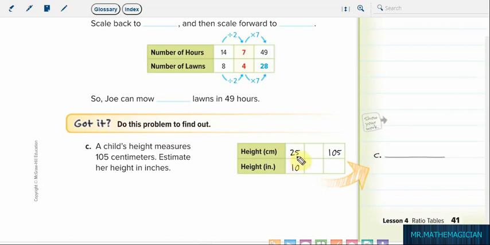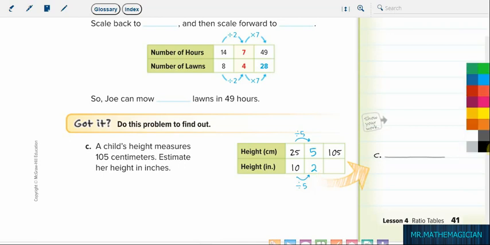I divide both 25 and 10 by 5. So divide by 5, divide by 5. This will give 5 and this will give 2. I divided here by 5 and I divided here by 5.